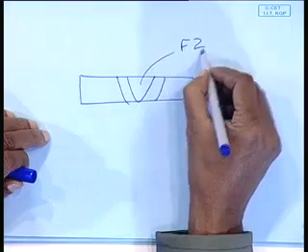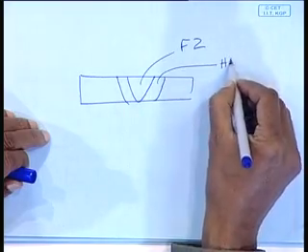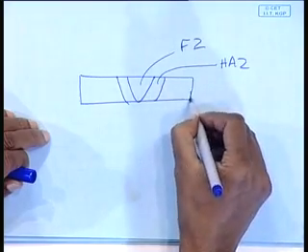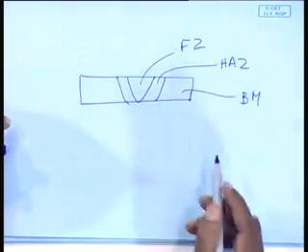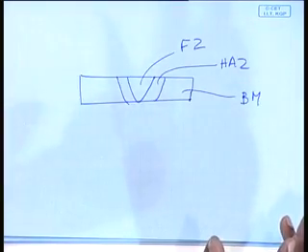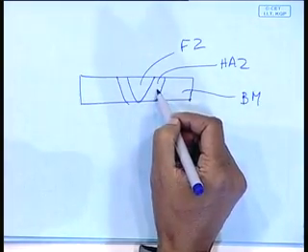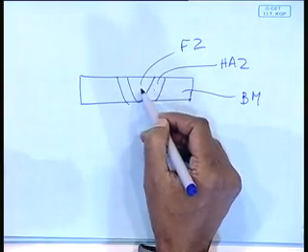This is the fusion zone, and then you have the heat affected zone, and this is your parent metal or the base metal. So in the base metal there is no change in microstructure, only in the heat affected zone there will be some change, and the fusion zone.